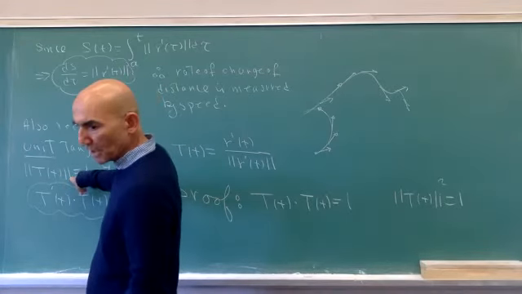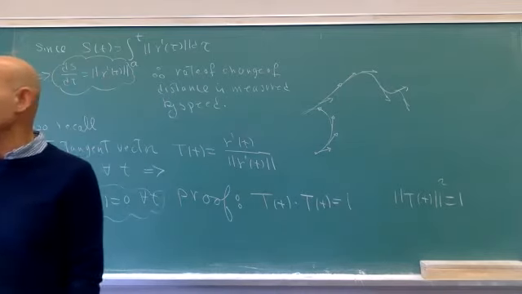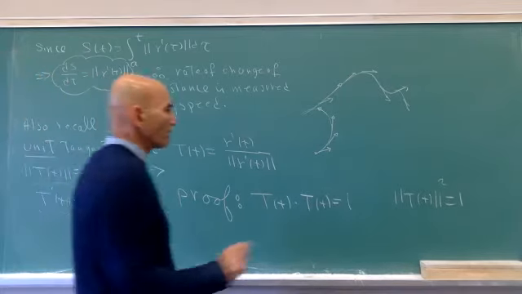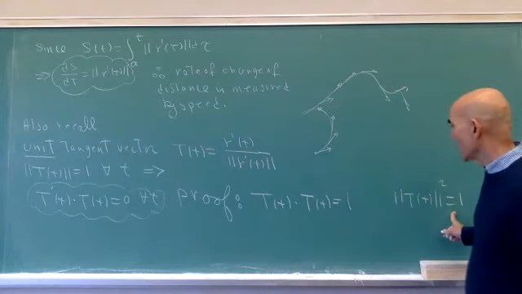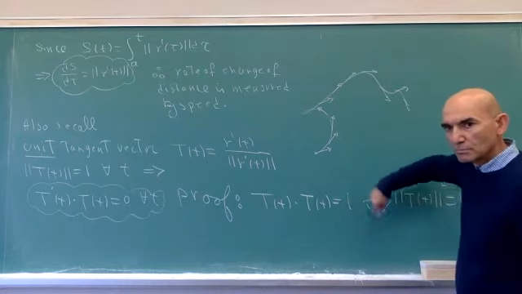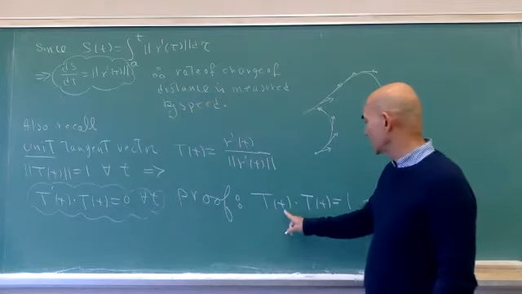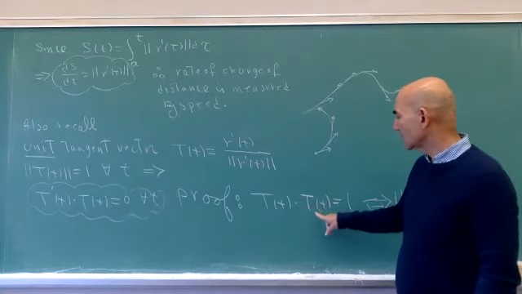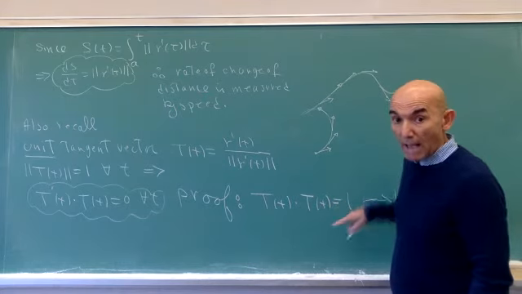This follows, because if the norm is 1, the square of the norm is also 1, and vice versa, since the norm is not negative. So this is if and only if. The fact that the norm is 1 is equivalent to the fact that T dot T is always 1.